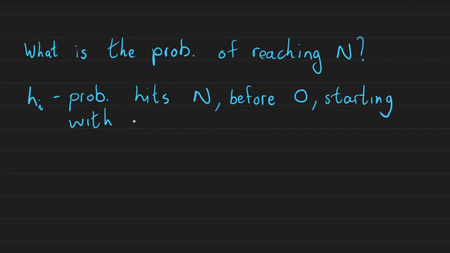So that's what the subscript i represents. And previously we said that p is the probability of winning $1 with each play, and q is the probability of losing $1 with each play.